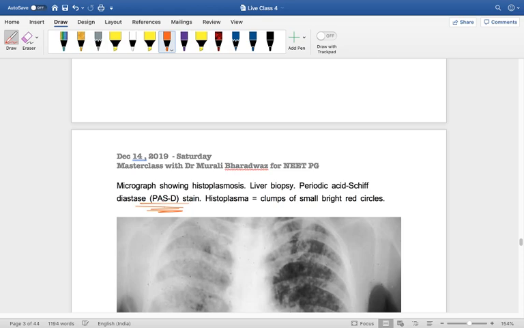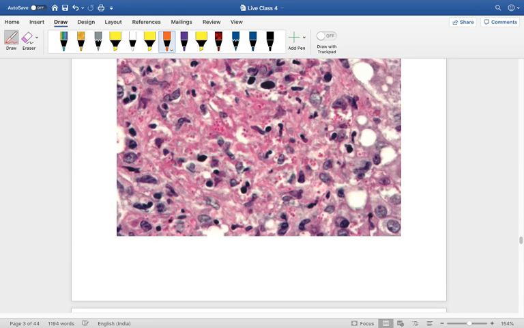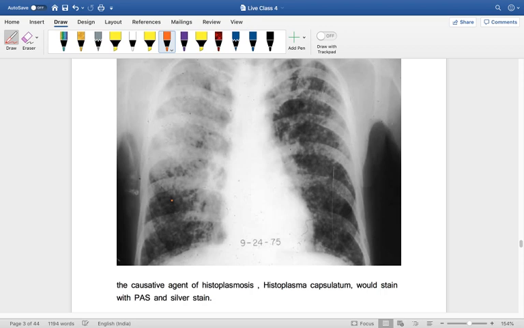Histoplasma presents as clumps of organisms and it can lead to diffuse pneumonia. Involvement of the lung is the histoplasma.